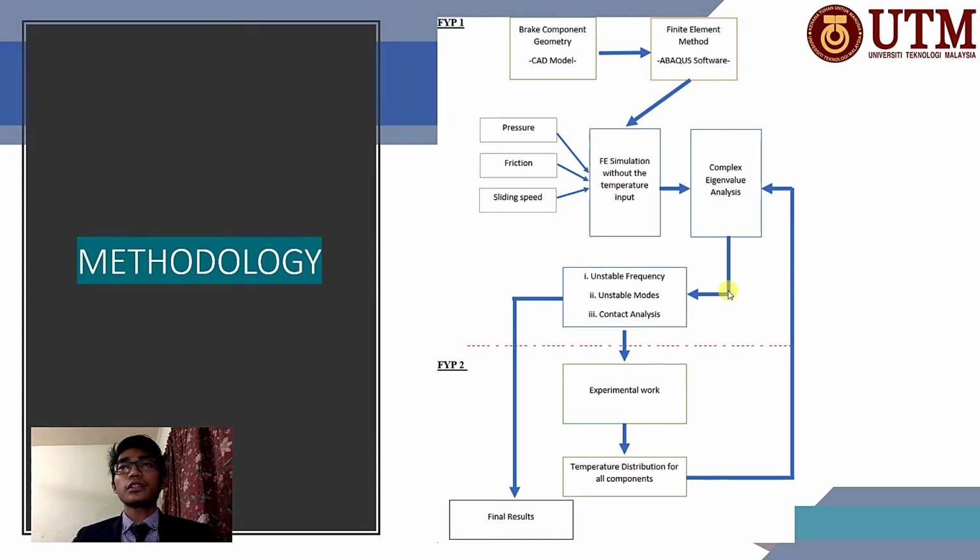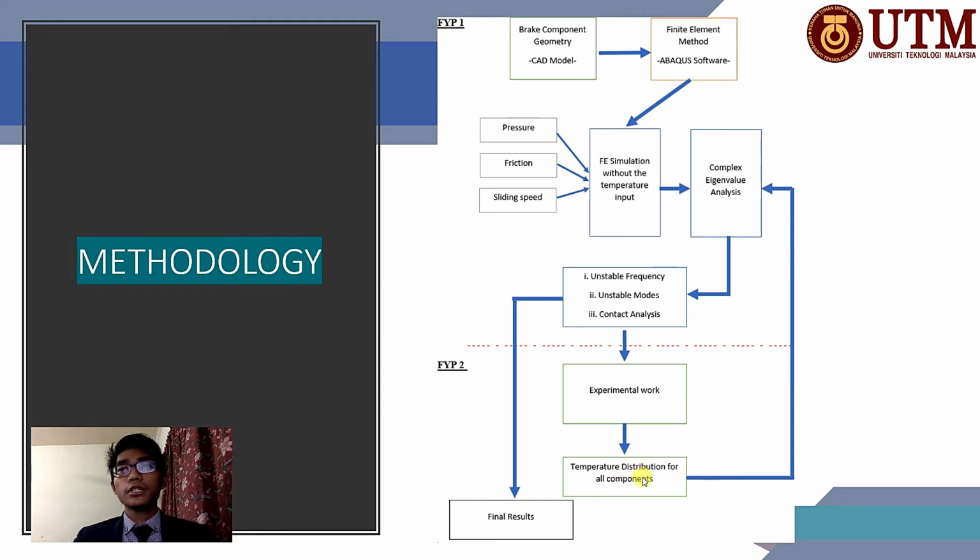So the analysis that I want to find out is the unstable frequency exerted from the brake assembly, the unstable modes related to the unstable frequency, and also the contact analysis of the brake pad and brake disc. Following that, during FYP2, I do an experimental work to know the temperature distribution for all the components.